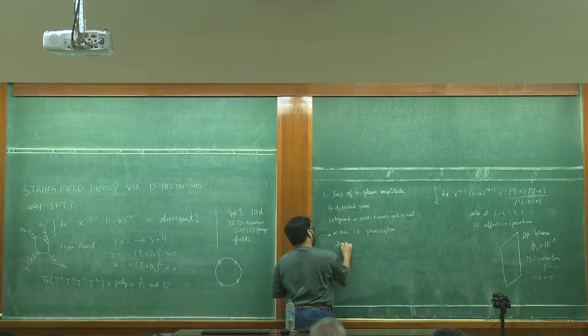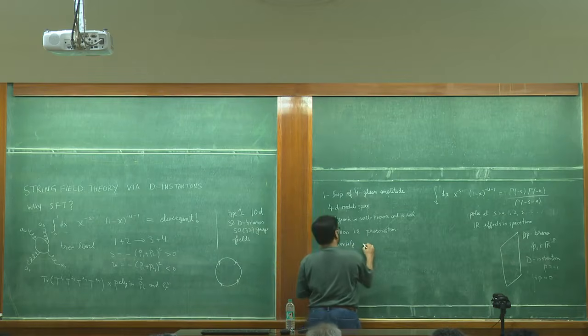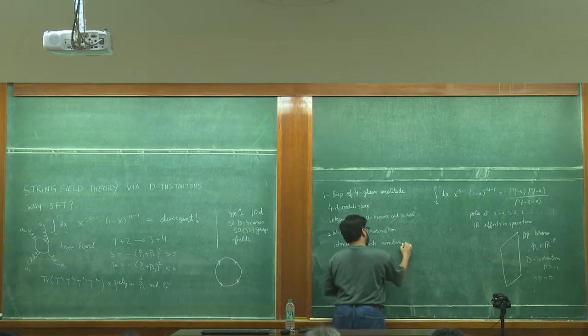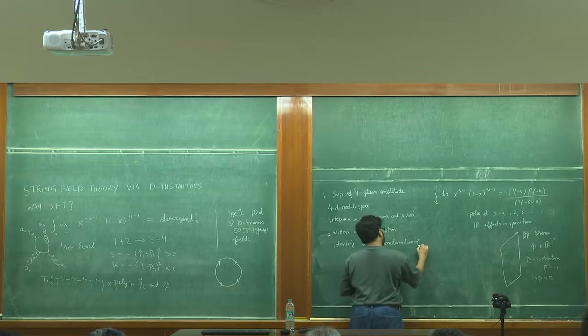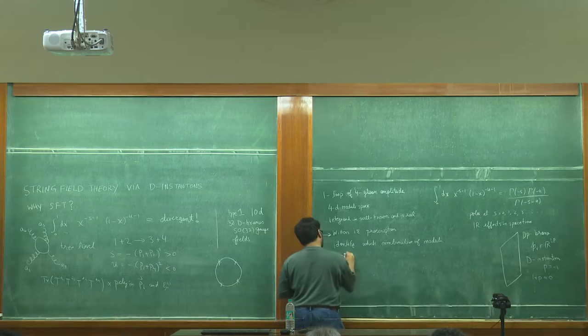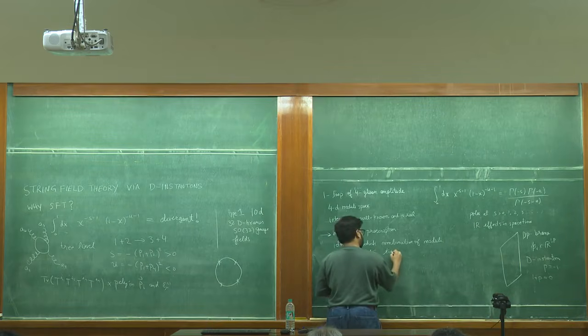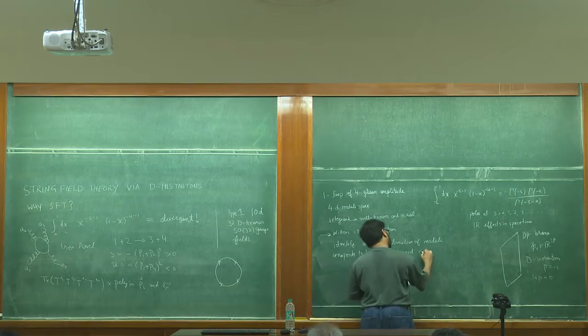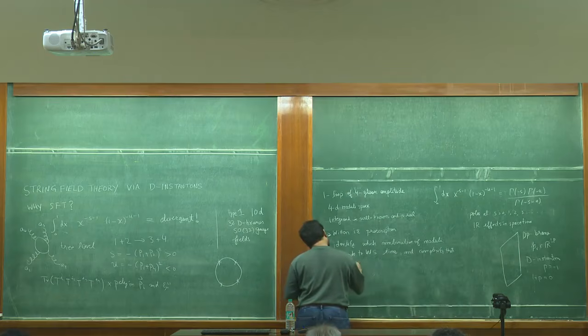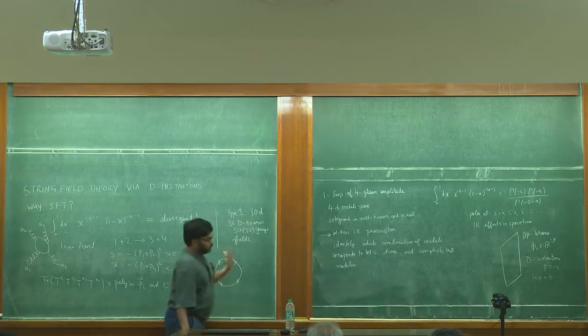So identify which combination of moduli corresponds to world sheet time, and complexify that. So this kind of regulates it.